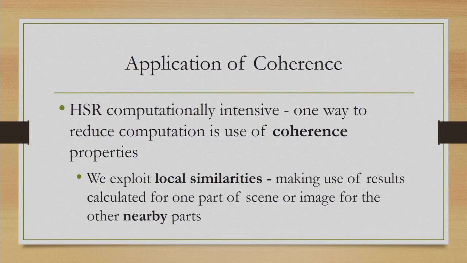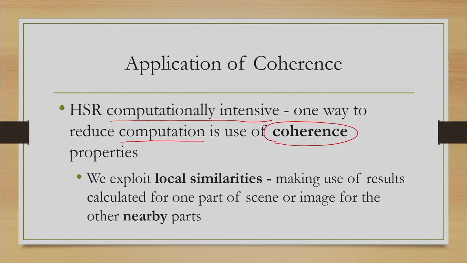So, there are many such properties. Collectively these properties are called coherence properties, which are used to reduce the computations in hidden surface removal methods. As we already talked about, these methods are computationally intensive. So, if we use these coherent properties, then some amount of computations can be reduced, as we shall see later.